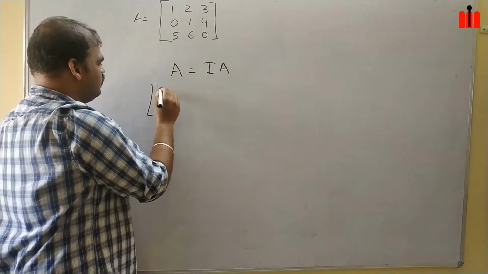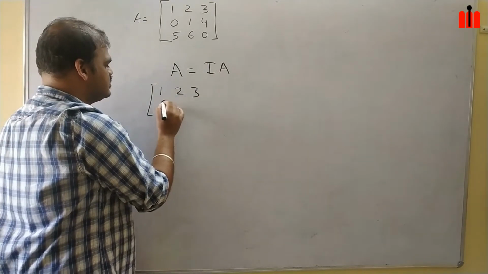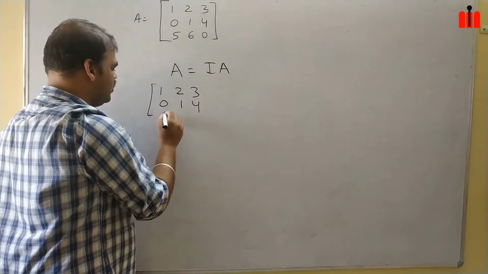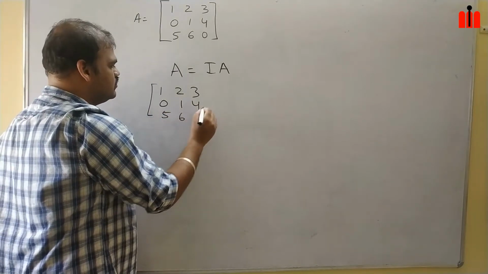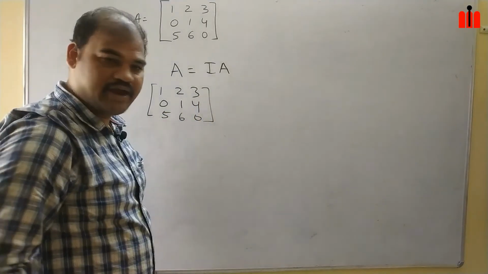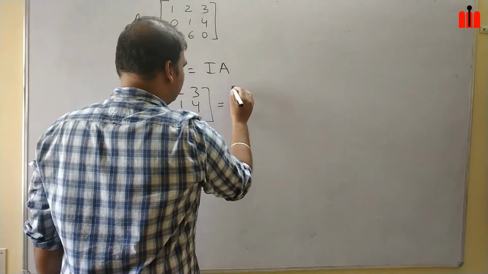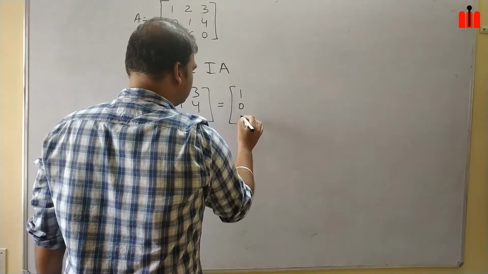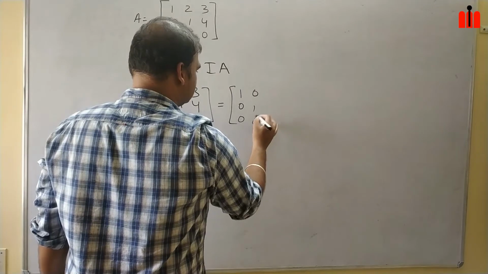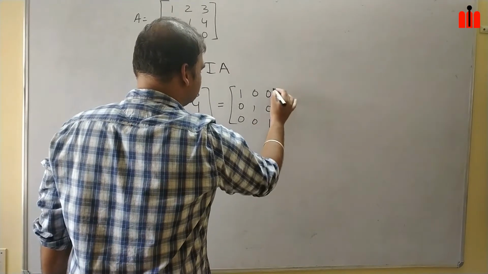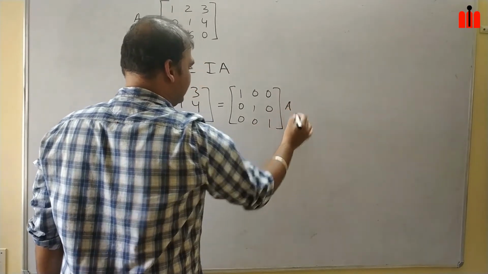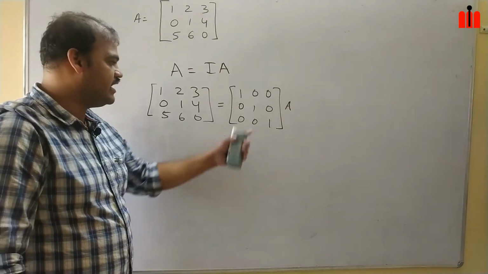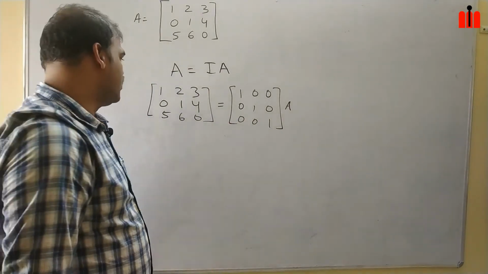A is 1, 2, 3, 0, 1, 4, 5, 6, 0. It will be equal to 1, 0, 0, 0, 1, 0, 0, 0, 1. This is my identity matrix into A.